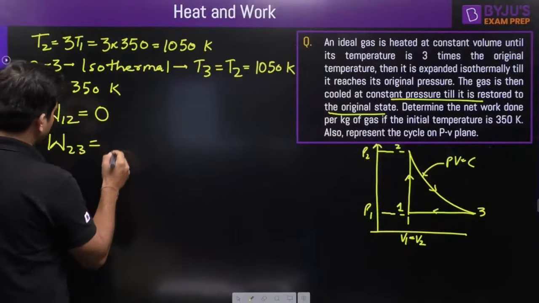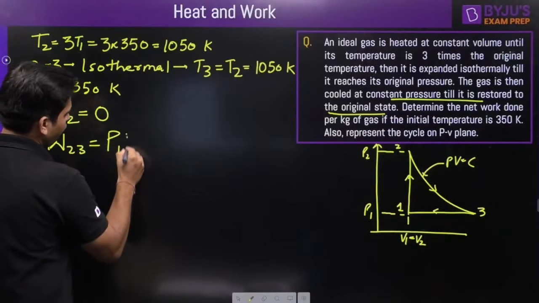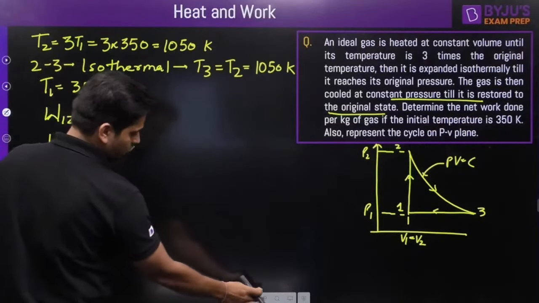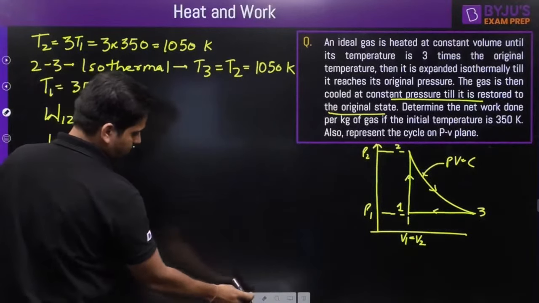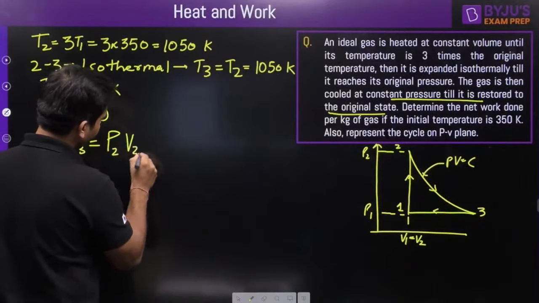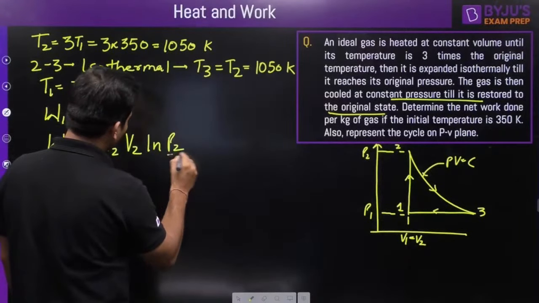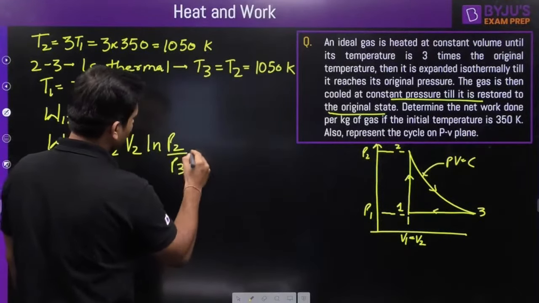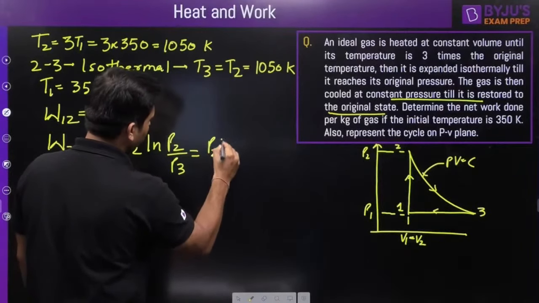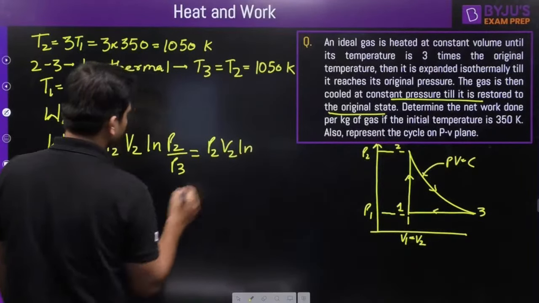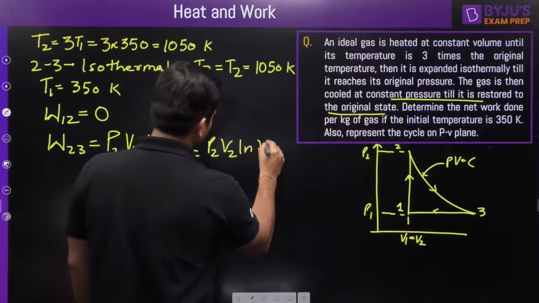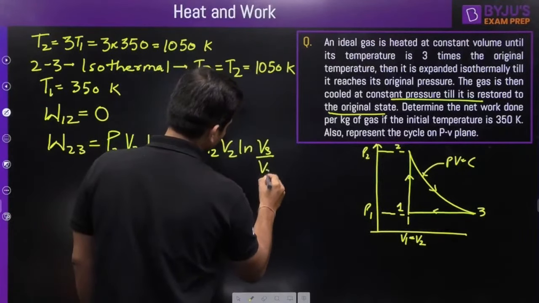It is P2V2 ln(P2 by P3), or I can say P2V2 ln(V3 by V2).